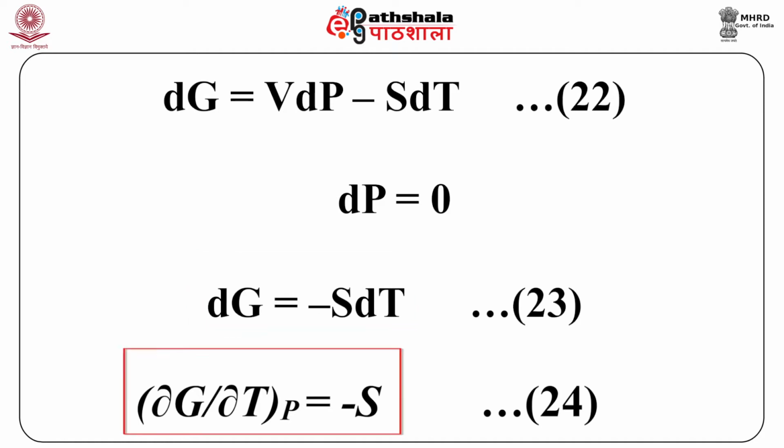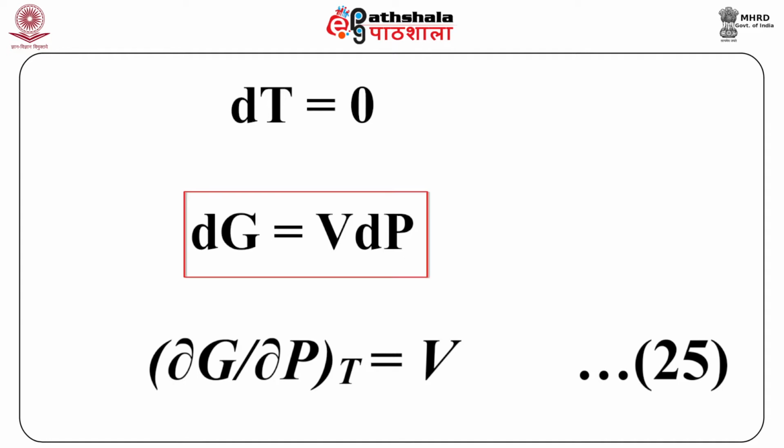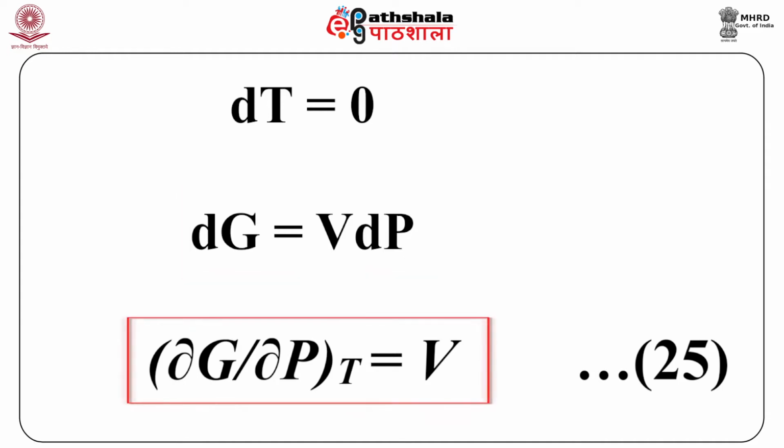Rearranging the equation, we get dG by dT at constant pressure equals minus S. This is our equation 24. Similarly, if the temperature of the system is kept constant, then dT is 0 and equation 22 becomes dG equals VdP, or dG by dP at constant temperature equals V. This is our equation 25.